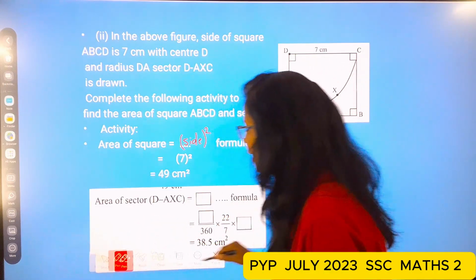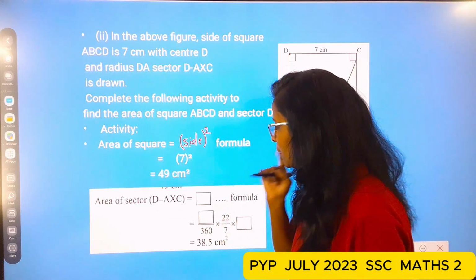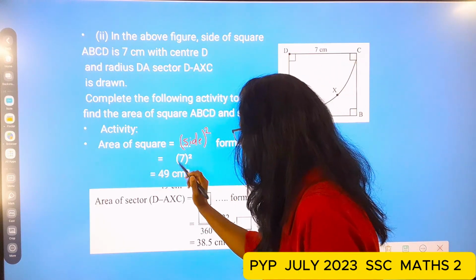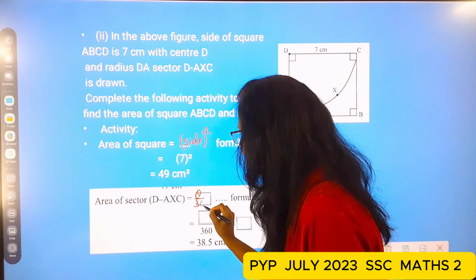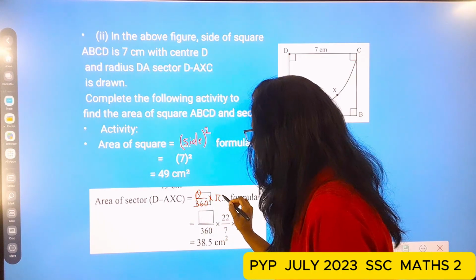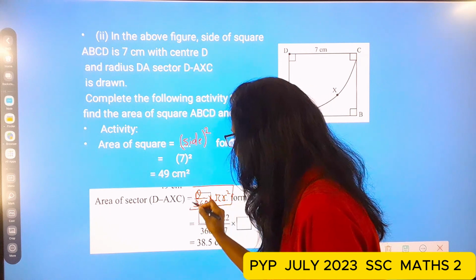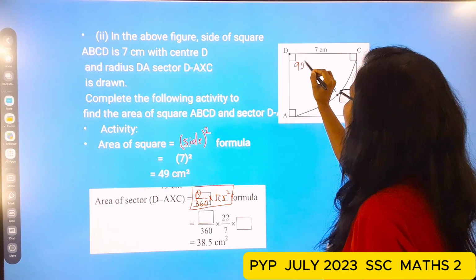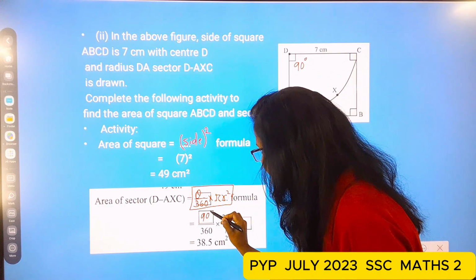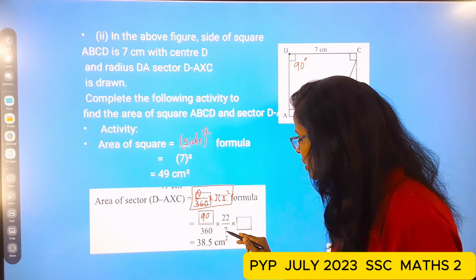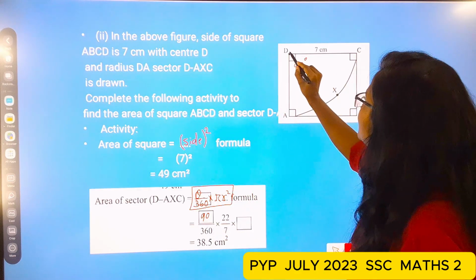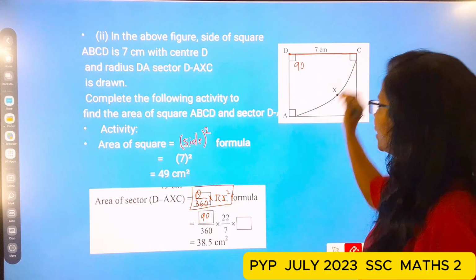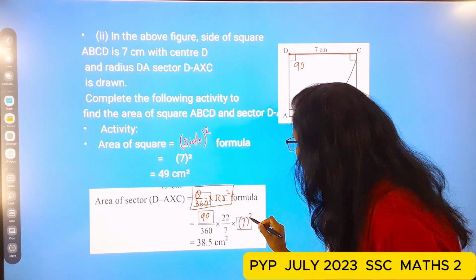Then the next one is the area of sector DAXC. Here we have to write down the formula: theta upon 360 multiplied by pi r squared. Now theta is, since this is a square, equal to 90 degrees. So we write 90 upon 360 multiplied by 22 upon 7, and r is nothing but the side of the square, so we put 7 squared.